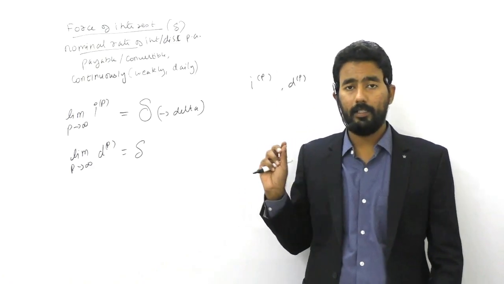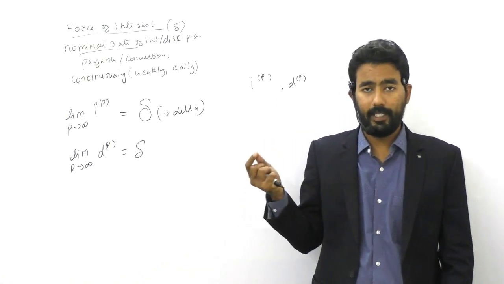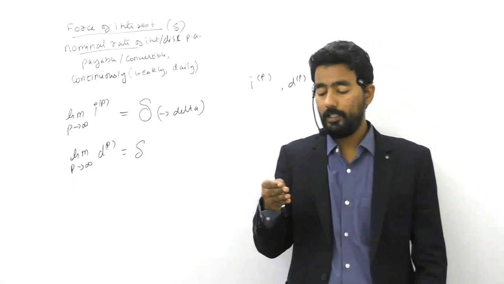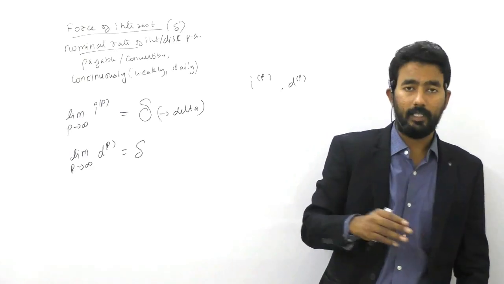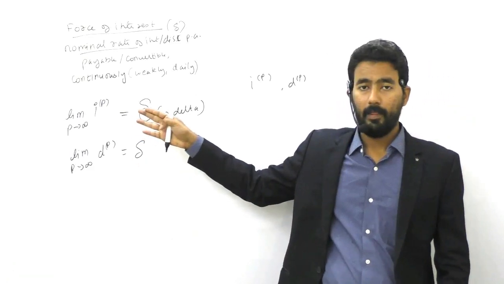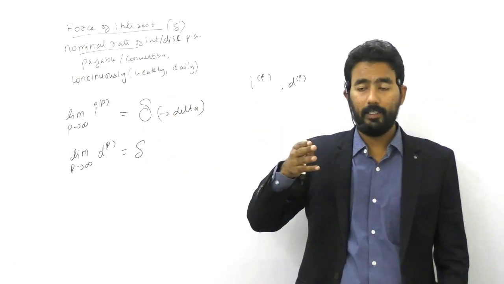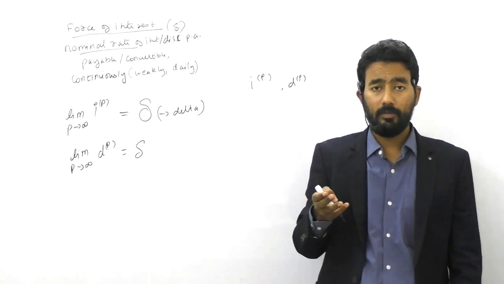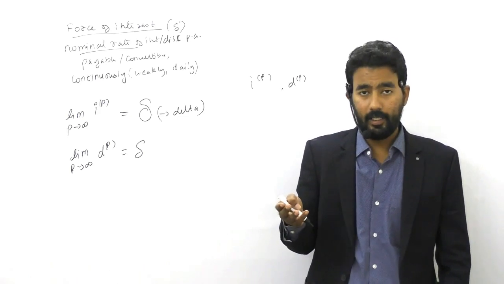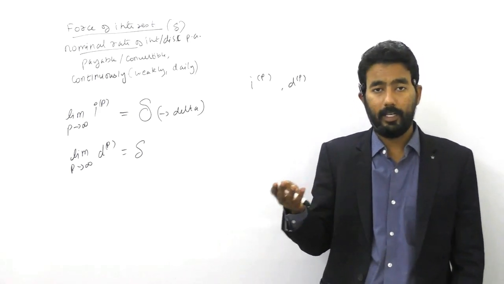But when I say the interest is being paid every second, interest paid at the start of every second will refer to d^(infinity), and interest being paid at the end of every second is being referred to as i^(infinity). So when I say interest is paid at the start and at the end of every second, the difference is less than a second. So if the difference of the payment is just less than 1 second, how can there be a difference at all?